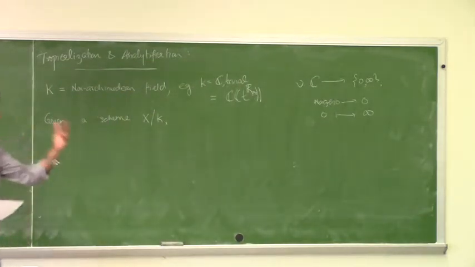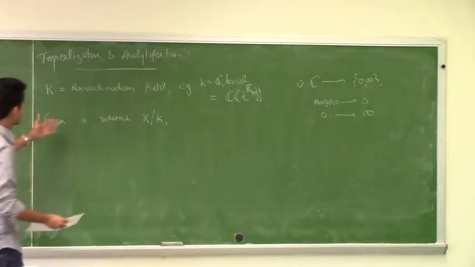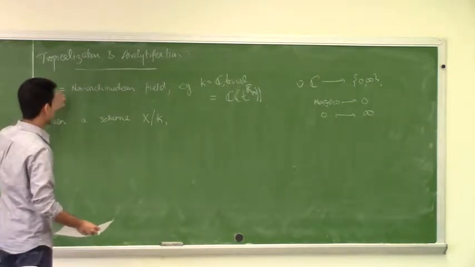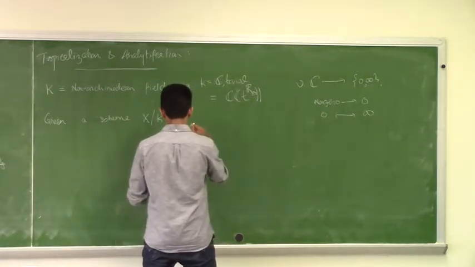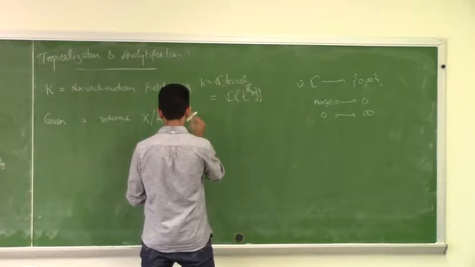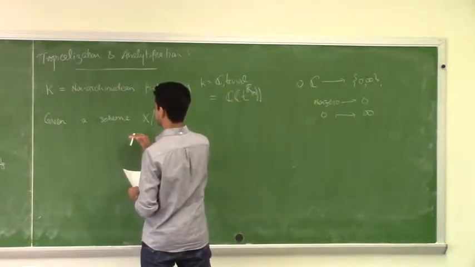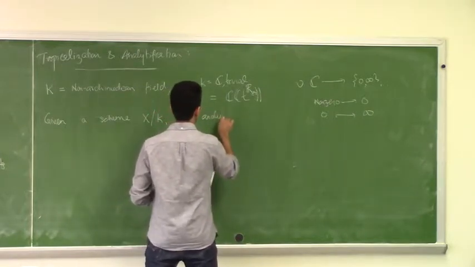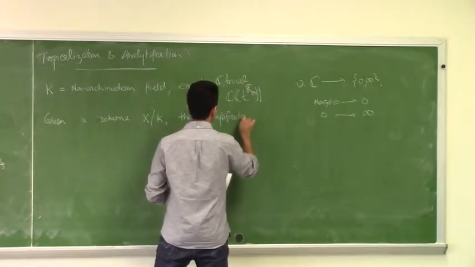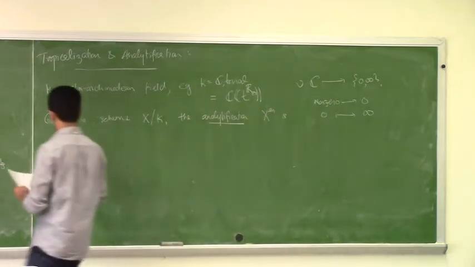Just like if I have a complex algebraic variety, I can think about it as a complex analytic space, if it's smooth as a complex manifold. I want to do the same thing with respect to this non-Archimedean field instead. I'll explain why later on. The analytification is defined as follows.